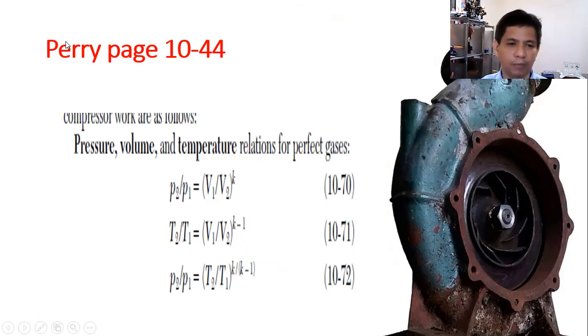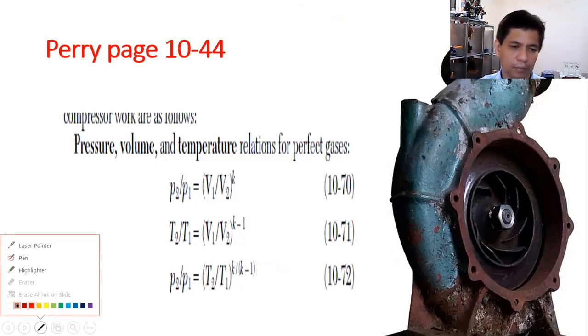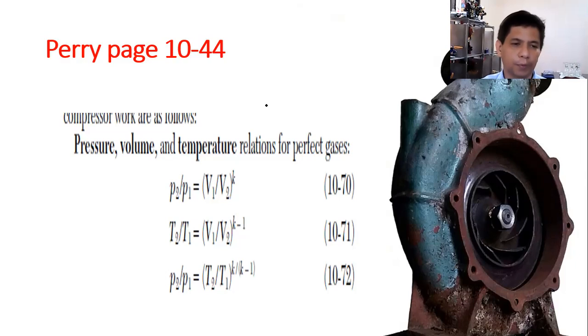From the final temperature, generally in thermodynamics, we have this energy balance equation. It's based on the first law. From the energy balance equation, we have delta H plus delta PE plus delta KE is equal to Q, the frictional loss, plus WS.